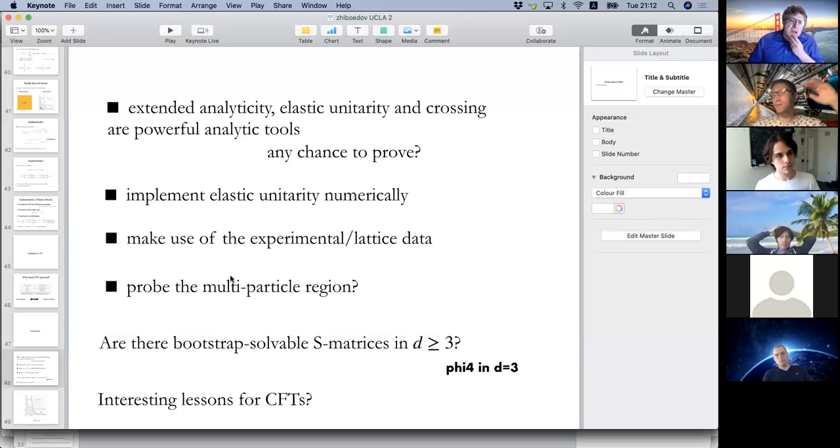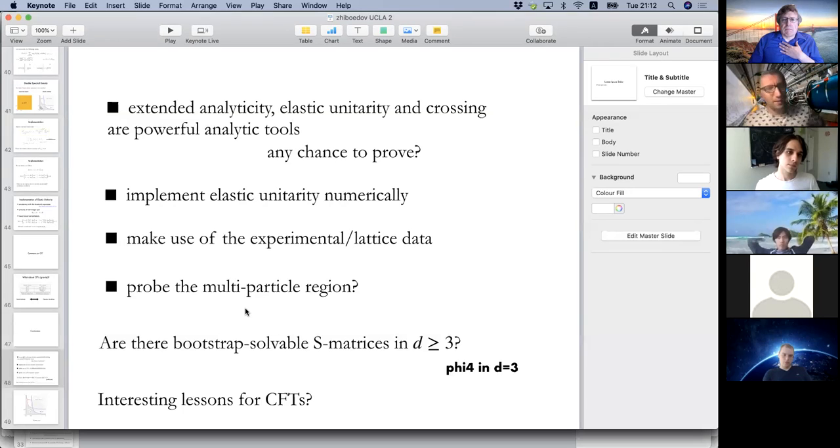First, there was a paper which I mentioned at some point, maybe last year, where people used the numerical bootstrap without elastic unitarity to constrain pions. So I suggest you look there. It's Pedro Vieira, João Penedones, and Andrea Guerreira.